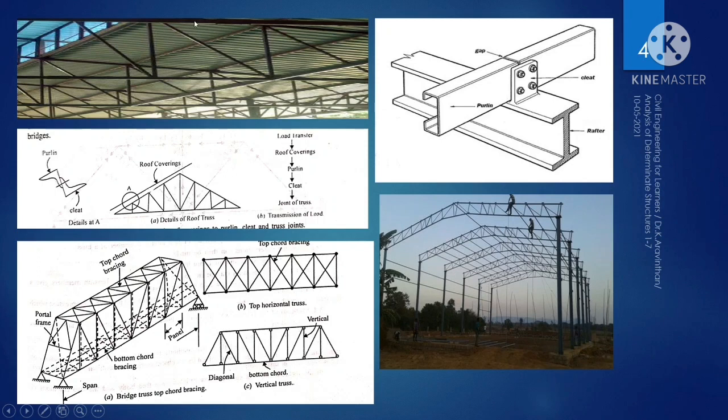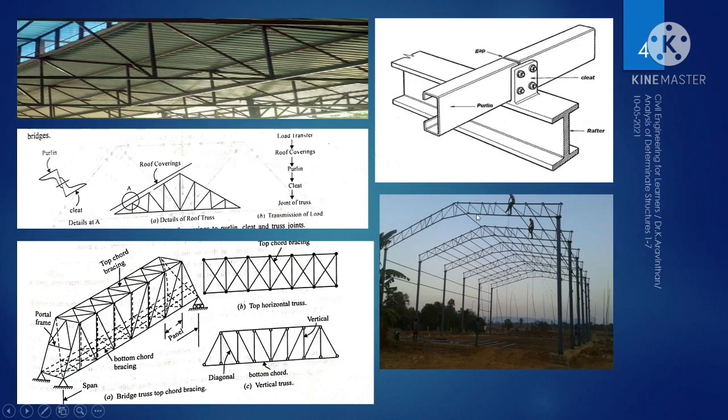So this is the roof covering here, and after that you have purlins, at nearly 1 meter interval.